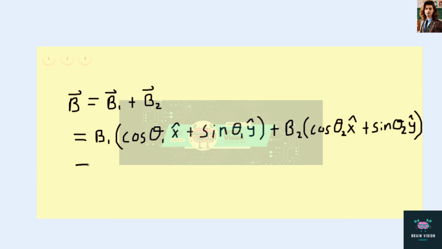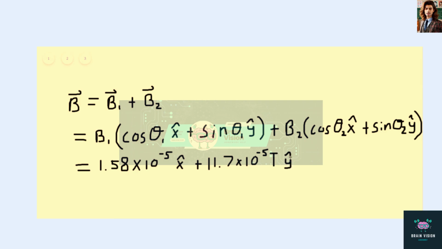So we plug in our values for B1 and our values for theta 1 and theta 2, and we find that this is equal to 1.58 times 10 to the minus 5 Tesla, and this is our x hat direction, plus 11.7 times 10 to the minus 5 Tesla, and this is our y hat direction.